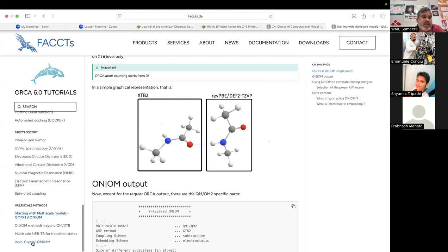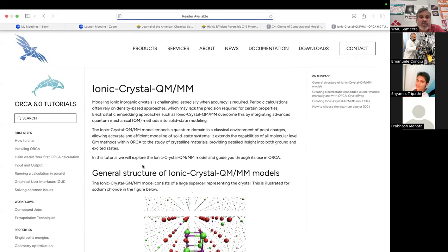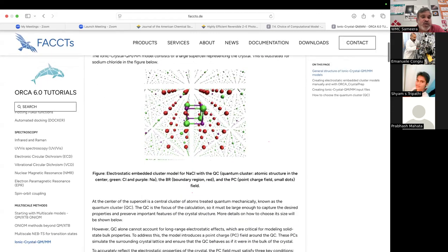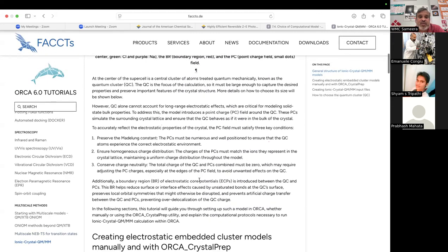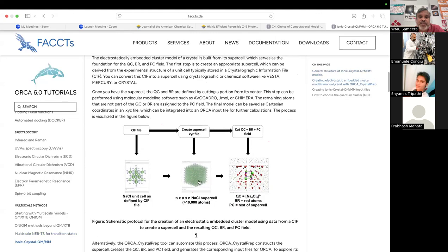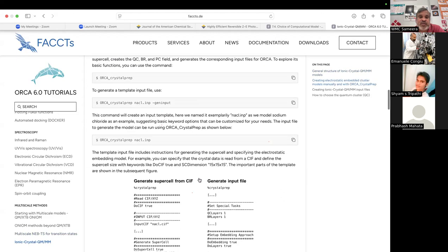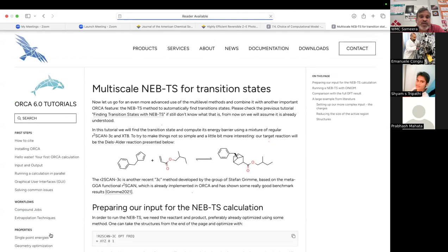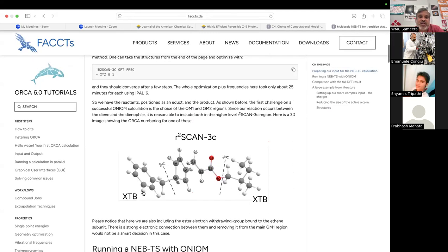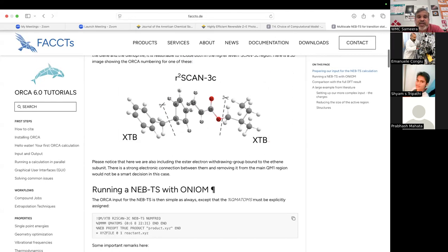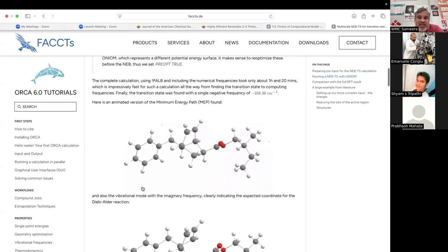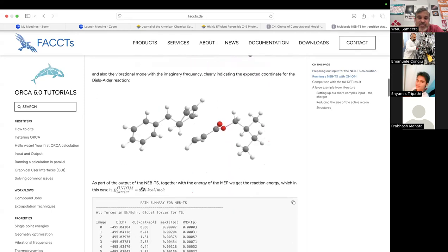And later, the final tutorial is about a crystal, so it is relatively large. Not that one, this one, multi-scale transition. So this system is a little bit bigger, but still not that big, and still you can nicely apply the techniques and you can practice.